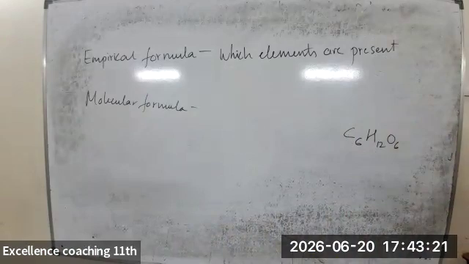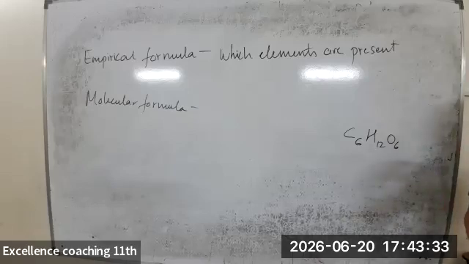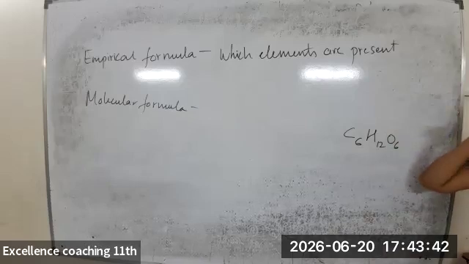So you'll get brief information on which elements are present. But molecular formula is one step ahead. It will tell you the exact number of elements which are present. Like here, 6 carbons are present, right? So molecular formula will tell you 6 carbons, 12 hydrogens, 6 oxygens are present.